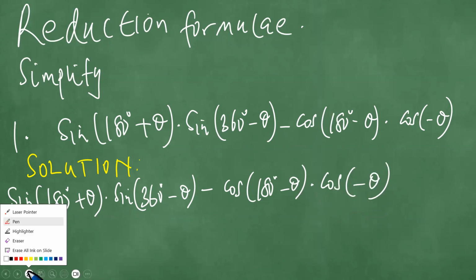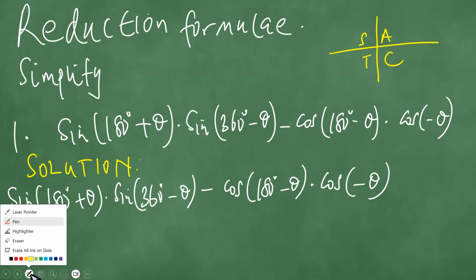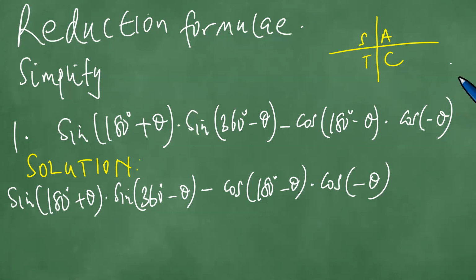Now, a couple of things are very important, which is to look at the CAST diagram. This is the CAST diagram, with 90, 180 degrees, 270, 360 degrees.